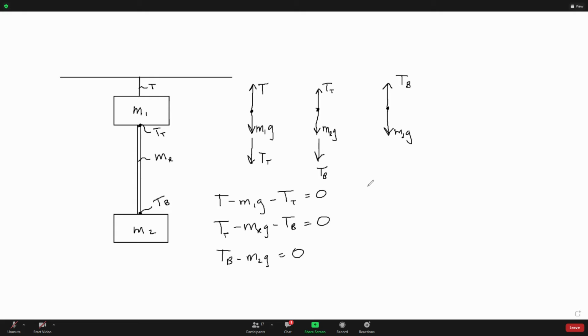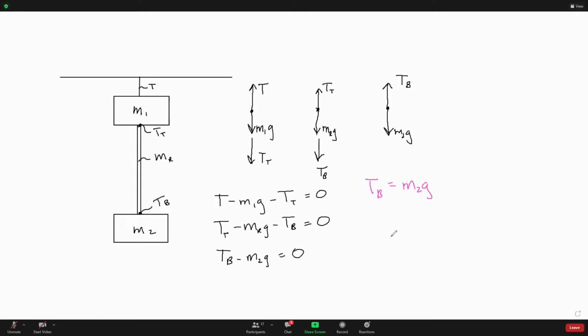The bottom equation is easy. It says T at the bottom equals M2 times G. And that makes perfect sense. You could have written that by inspection just by looking at the picture. The tension at the bottom of the rope is the only thing holding mass M2 up, so it must be equal to M2G.